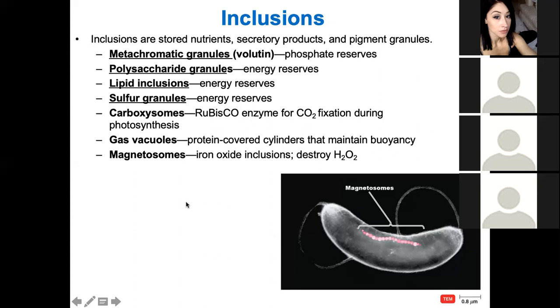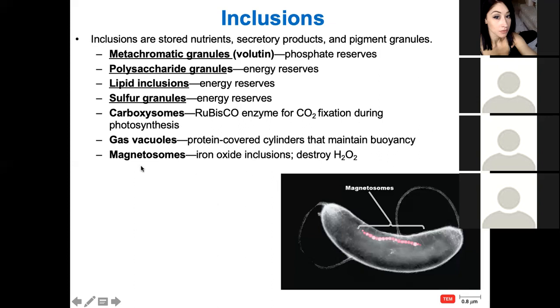Now, these are interesting because they actually have a kind of membrane around them, but the membrane is protein. It's not plasma membrane. It's protein covering around the gas vacuole. And these are mostly aquatic bacteria, and they are to regulate buoyancy.